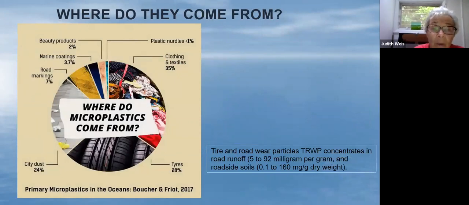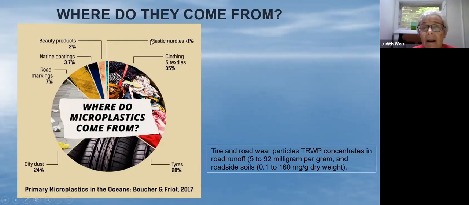Here's another look at where they come from. As I said, any different analysis will show different proportions. So this is really not totally accurate, but it's giving a general pie chart here. Clothing and textiles have the largest chunk, tires are the next largest chunk, then city dust, road markings, marine coatings, beauty products, and plastic nurdles.